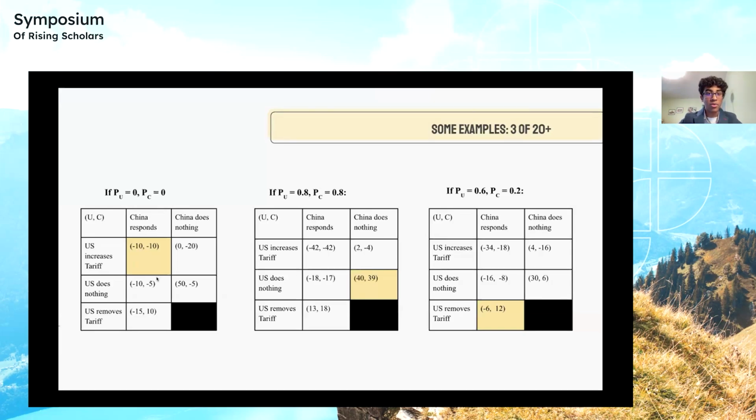Then I have PU is equal to 0.8 and PC is also equal to 0.8. And in that situation, the United States does nothing and China does nothing. That's the Nash equilibrium. And then finally, I have PU is equal to 0.6 and PC is equal to 0.2. And in that situation, there's yet another occurrence which happens. So as you can see, at different PU and different PC values, very, very different outcomes occur.